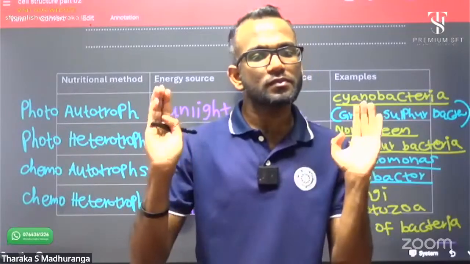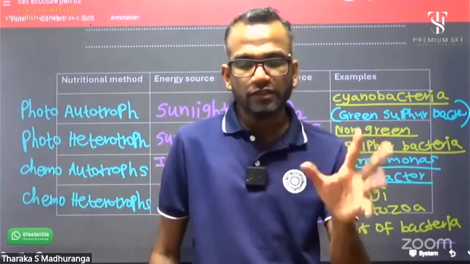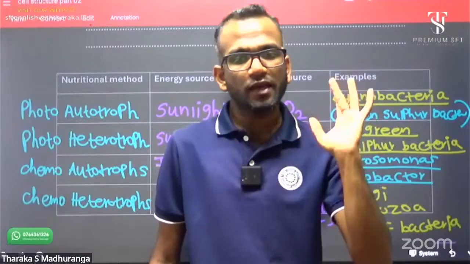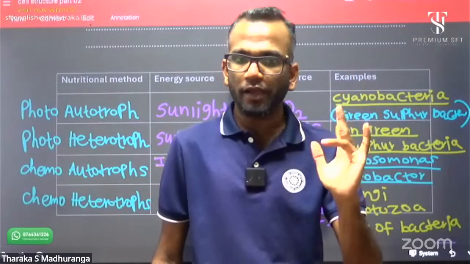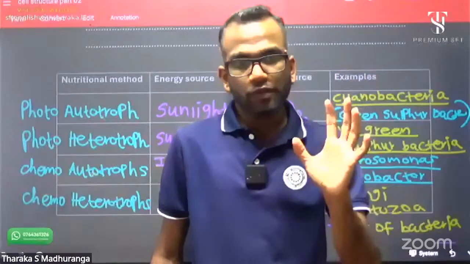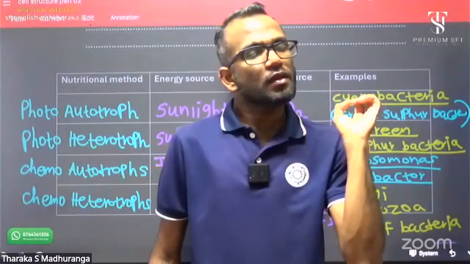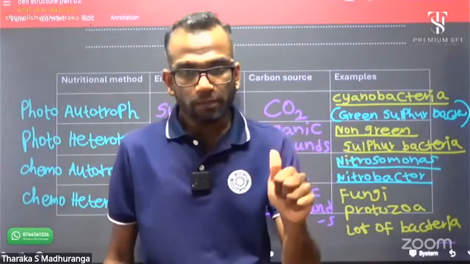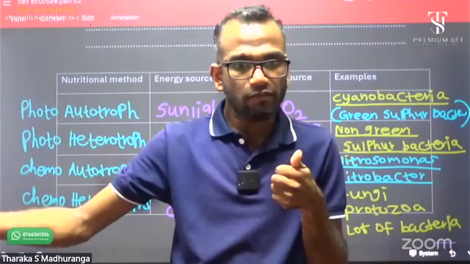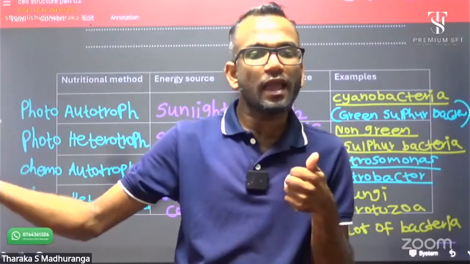Do you remember the respiratory diversity? There are four types: aerobic, anaerobic, facultative anaerobic, and microaerophilic. Aerobic means they only live in aerobic environments, with oxygen. Example, Acetobacter.